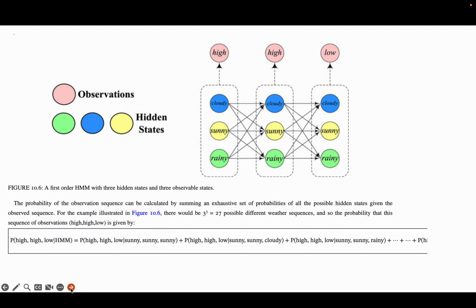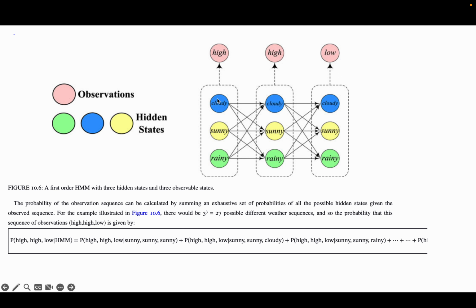So this is mainly talking about first order with 3 states and 3 observable states. And so what we want to figure out is the probability of the observation sequence, where we could calculate going from a day where you had a high barometric pressure to a high barometric pressure on the following day and a low barometric pressure on the 3rd day.